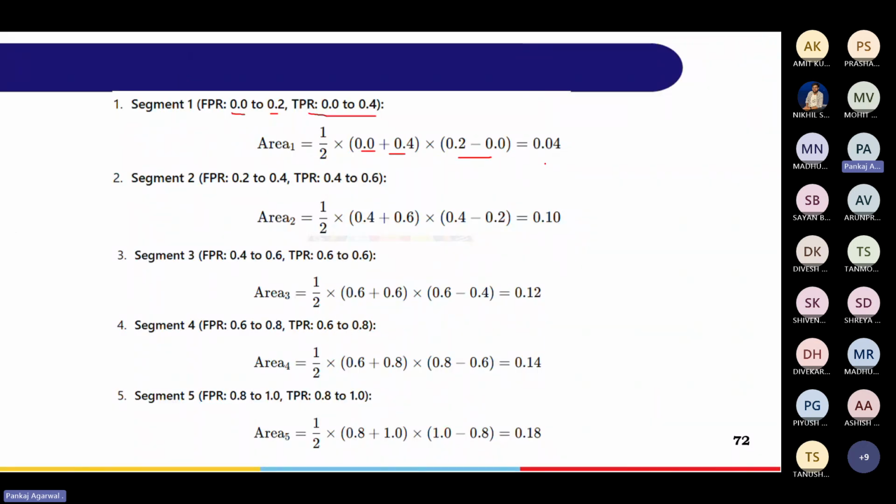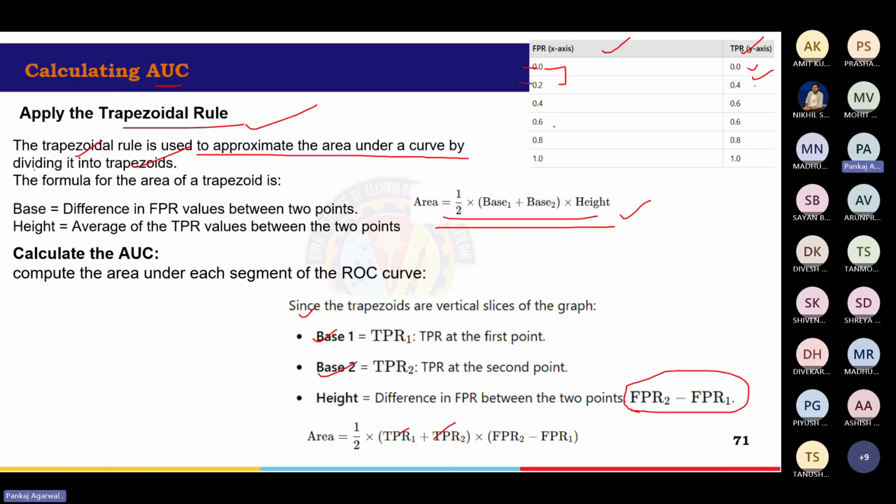You don't have to do this mathematics, but I'm giving you the background on how it is done. You calculate the different segments similarly, then move on to the second pair, from 0.4 to 0.6 for TPR and 0.2 to 0.4 for FPR.